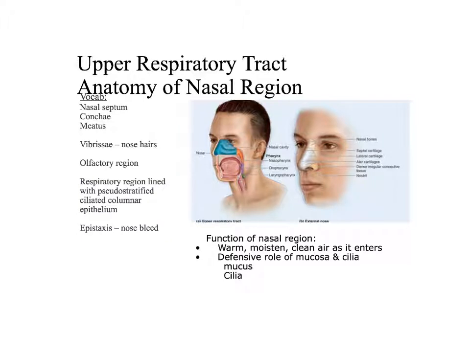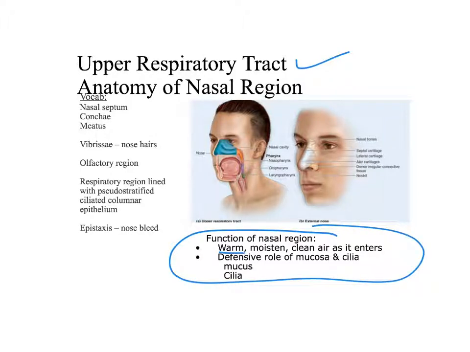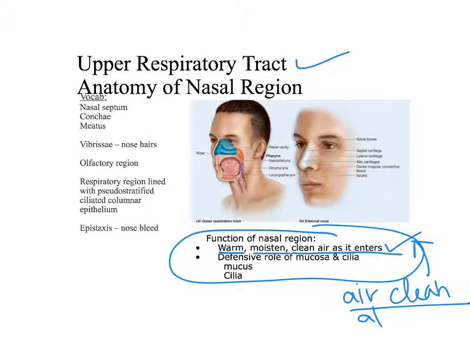Now upper respiratory tract. So the nose, the function of the nose is to warm, moisten, and clean the air as it enters. Because if you think about it, we need the air to be super clean before it hits the alveoli, which is close to the blood, right? You don't want to put bacteria into your bloodstream, so you don't want it to get to the alveoli.